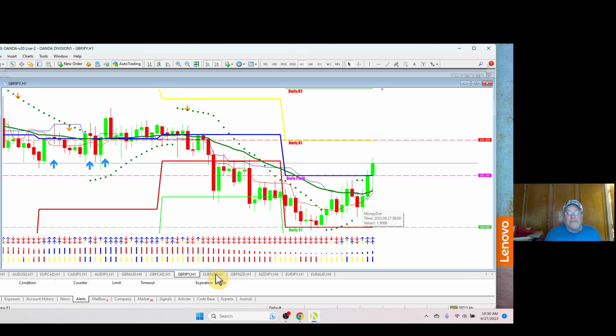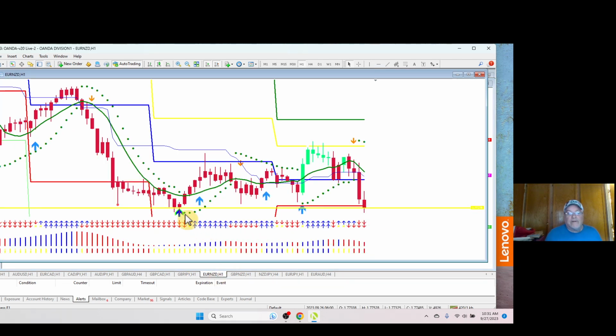The Euro New Zealand, this is 1 hour. Moving quickly. I need to get some more coffee. Maybe that's what's needed. Come on, Euro New Zealand, there we are, 1 hour buy.